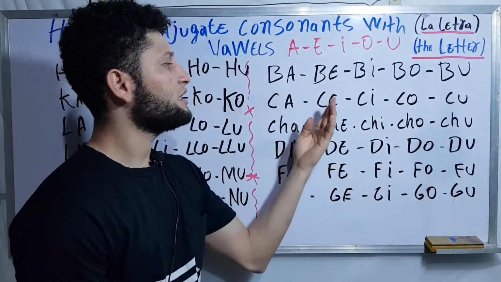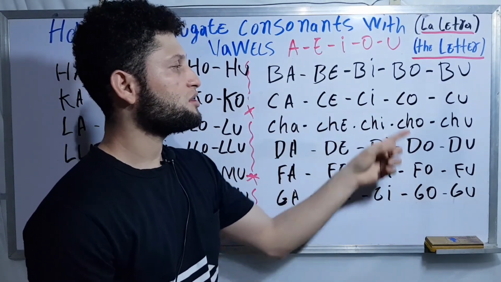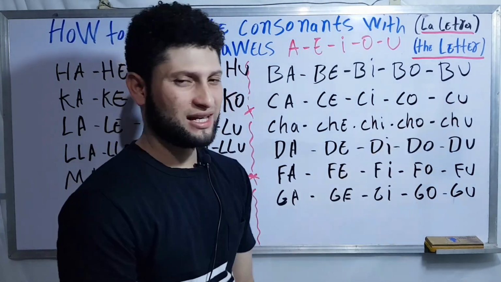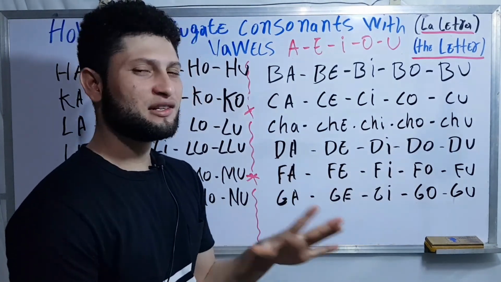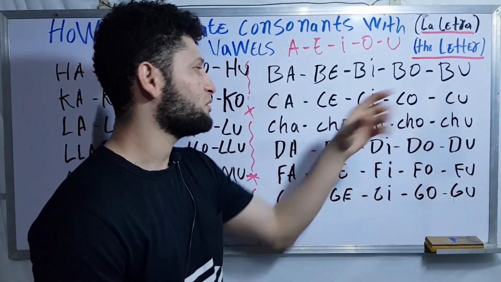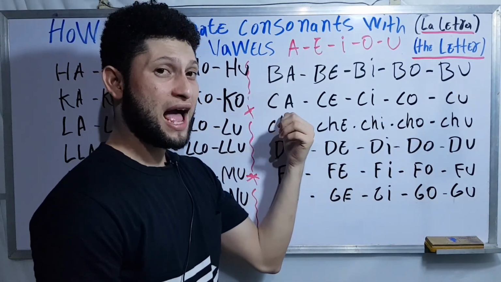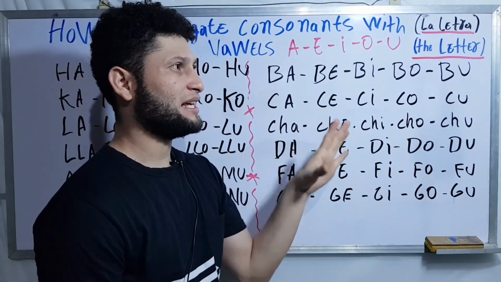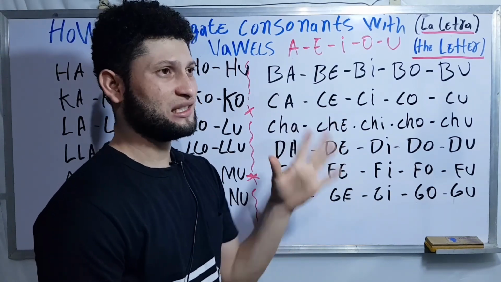Ca, ce, ci, co, cu. In the C ones it's a little bit weird, if you notice the difference among those. This is ca, ce, like just the letter ce in Spanish.